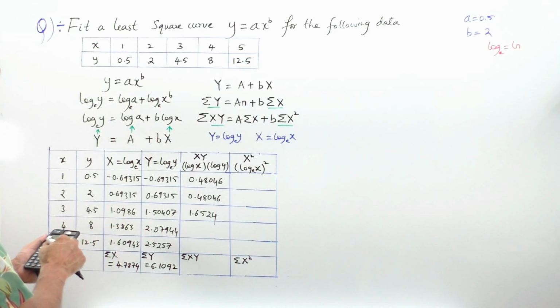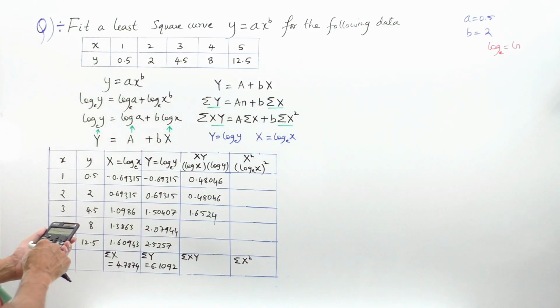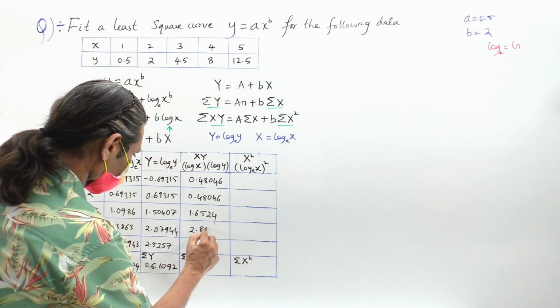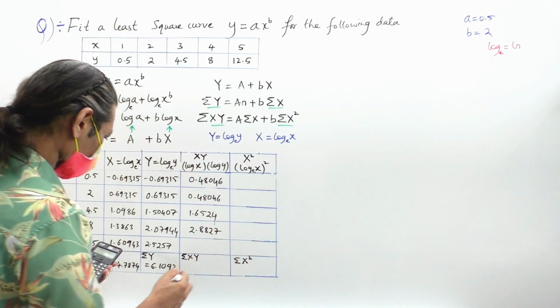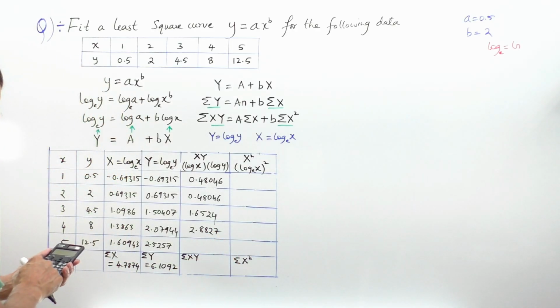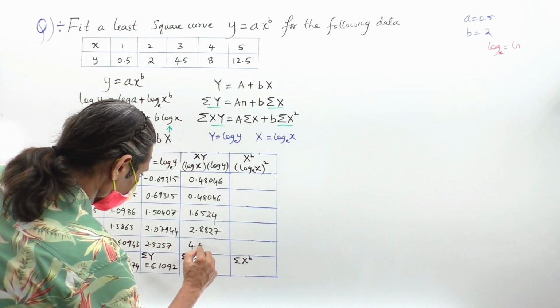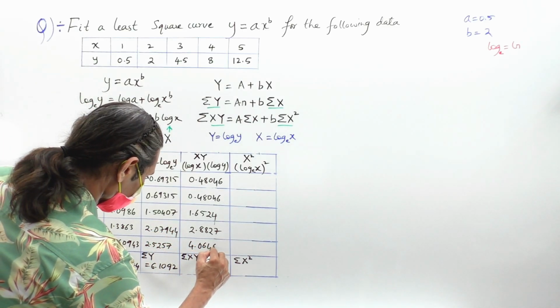Then we have 1.3863 into 2.07944, that is 2.8827, and lastly 1.60943 into 2.5257 will be 4.06494.